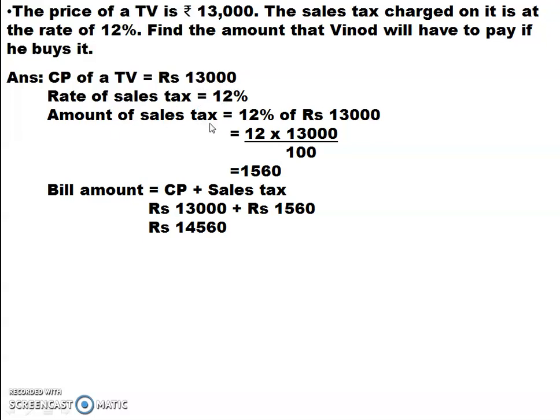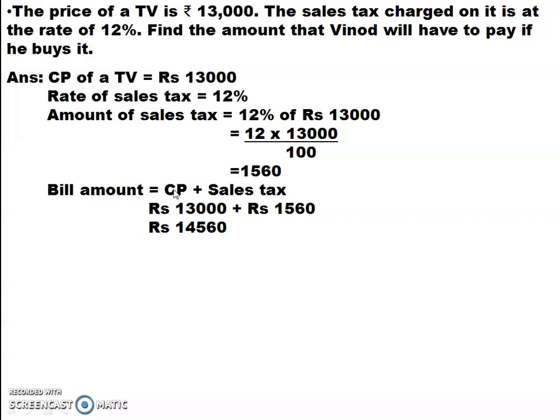What is the amount of sales tax? 12% of 13,000. That means 12 by 100 into 13,000. That is 1,560.